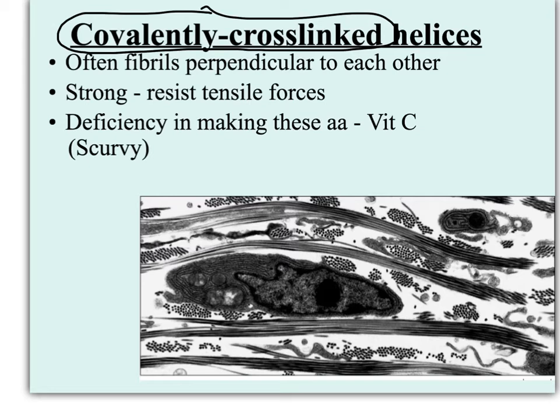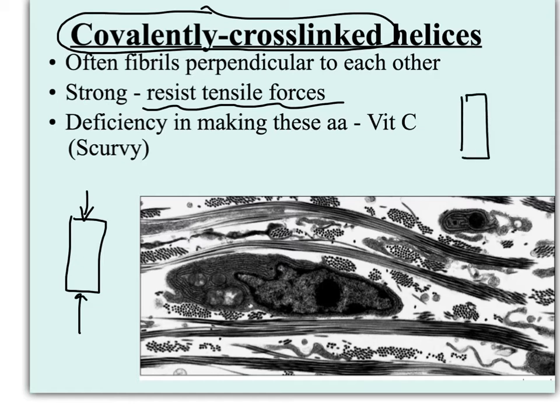People want to get collagen injections because collagen is a strong structural protein. They resist tensile forces. Do you remember what tensile was? Compression, right? So if I have my little square here, compression was when you're pressing the two things together. Tensile was when you're pulling things apart.